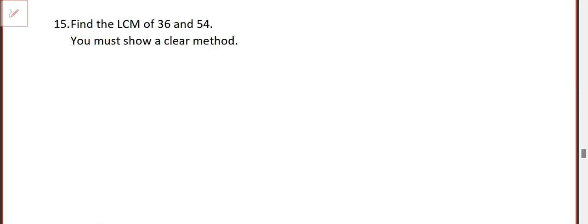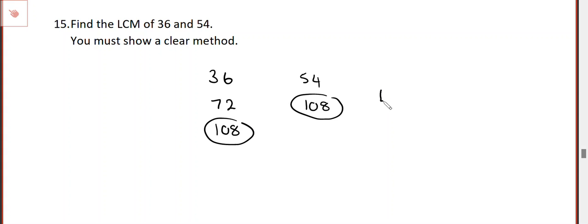But eagle-eyed amongst you would have gone, actually, this one looks like it might be easier. And we just go 54, the next one's 108, this one's going to be 36, 72, 108. The lowest common multiple is 108. That's one way to do it. We could have done the factor tree methods, but that way works. It's good to have both options.